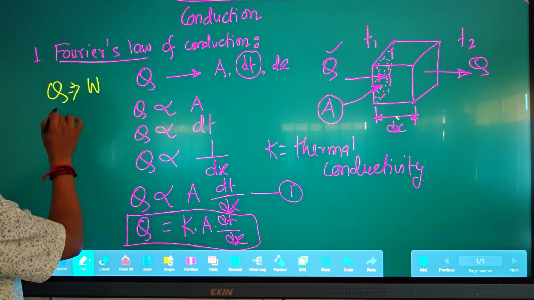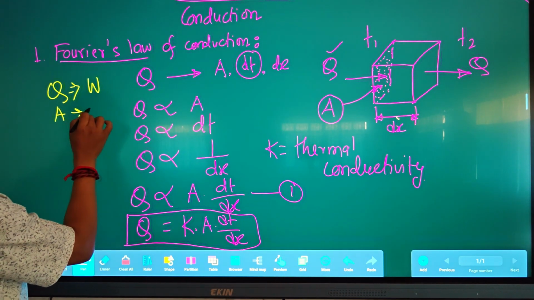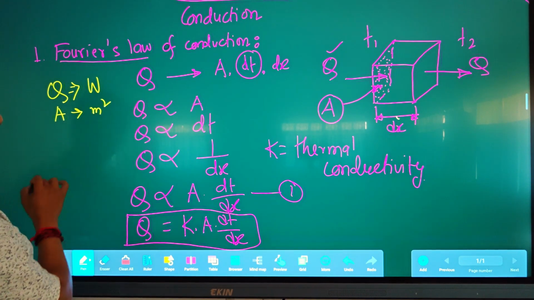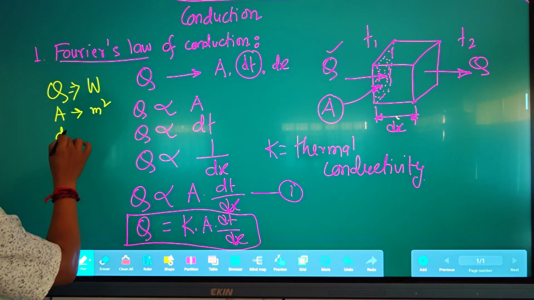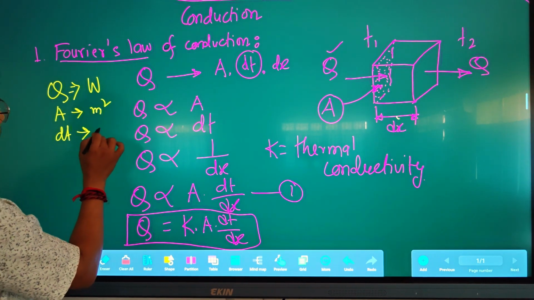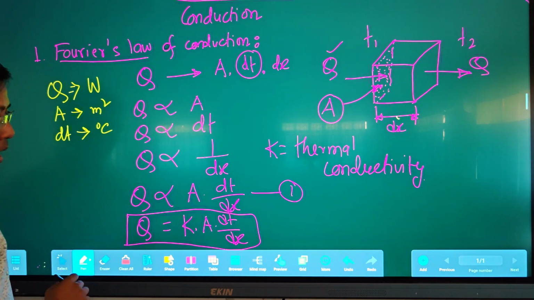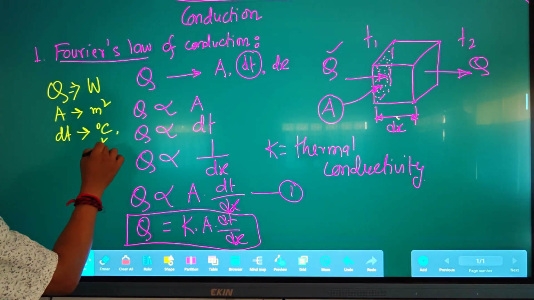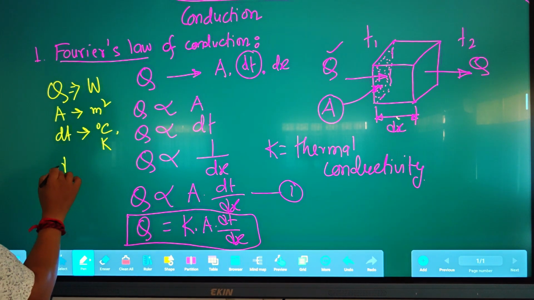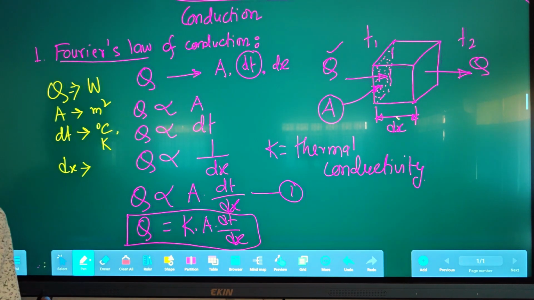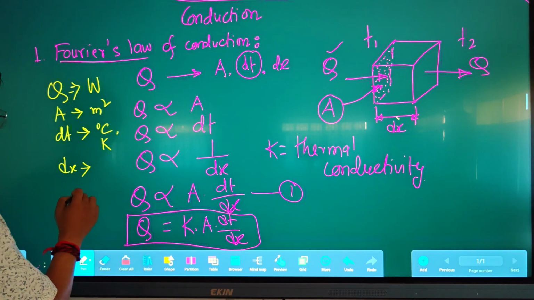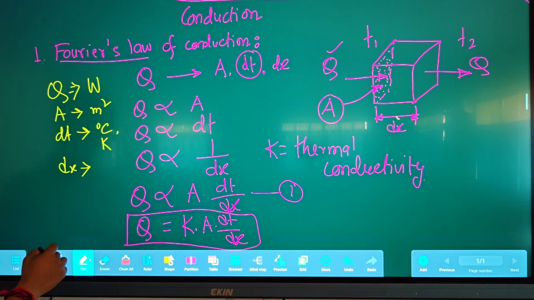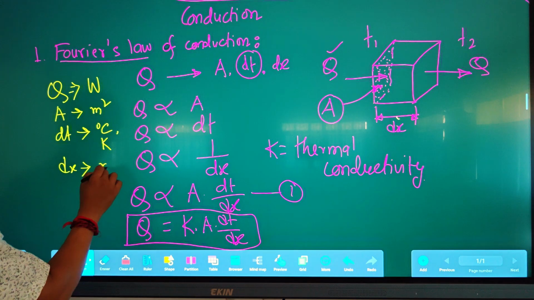Okay, and the area unit will be meter square, and dT unit will be centigrade or Kelvin. We have dx, of which the unit is meter.